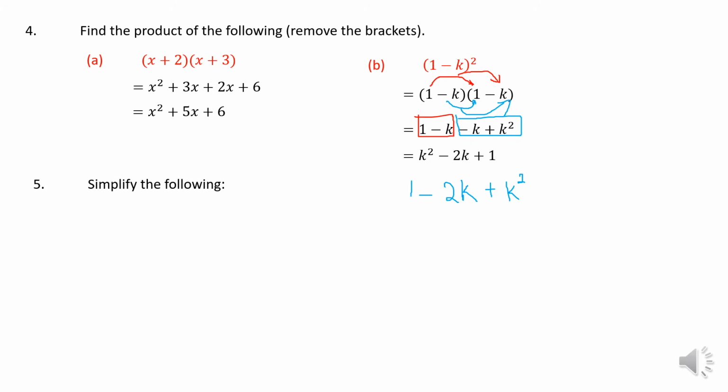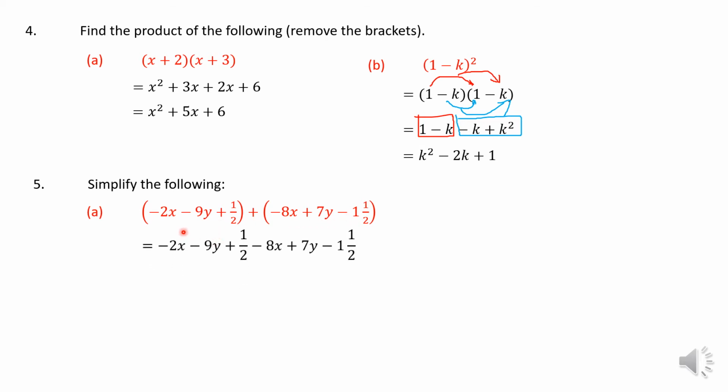Right, so we have got another one here that you are supposed to simplify. So we have got quite a long thing. Might look confusing, but it's not really. So this is not multiplication, it's just here that you must remove the brackets. So since it's a positive, it doesn't affect the signs here. Okay, two terms. So I just remove the brackets. This is positive minus becomes a minus, positive and a positive stays positive, and positive and a minus becomes a minus. All right, then I will write all the terms containing x.